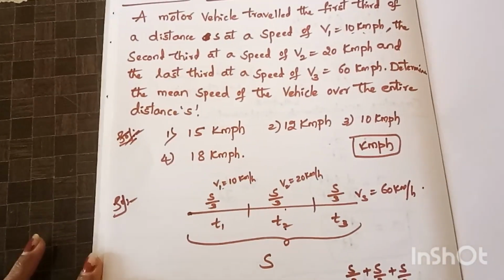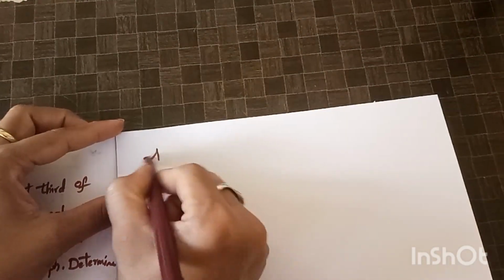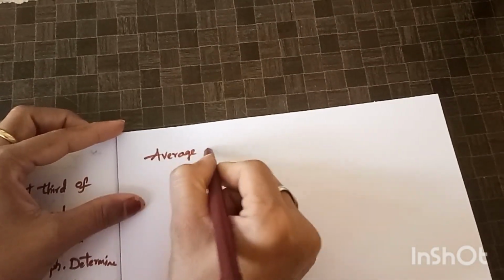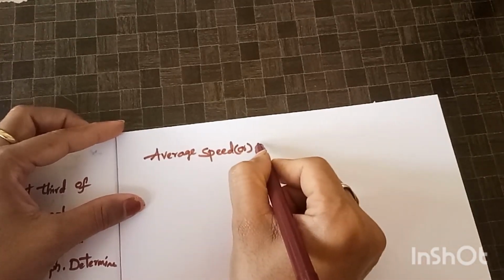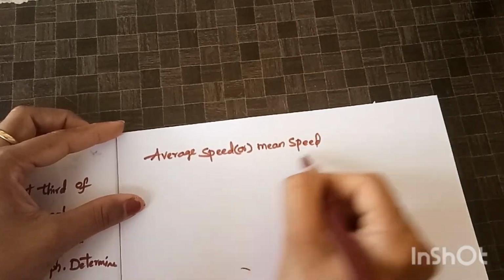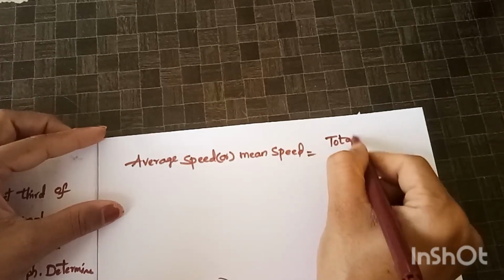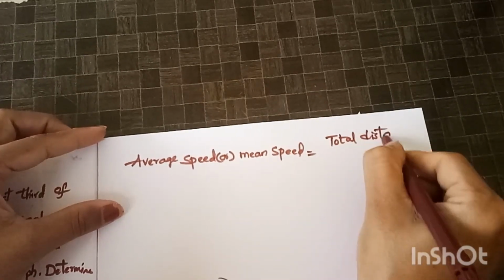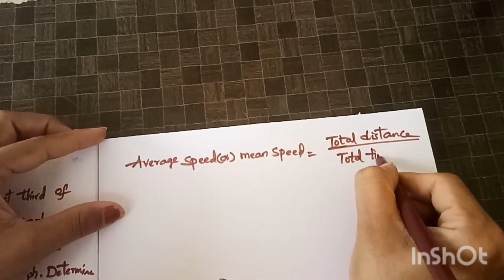Now we are going to calculate the average speed, which can also be called mean speed. Mean speed is equal to total distance by total time.